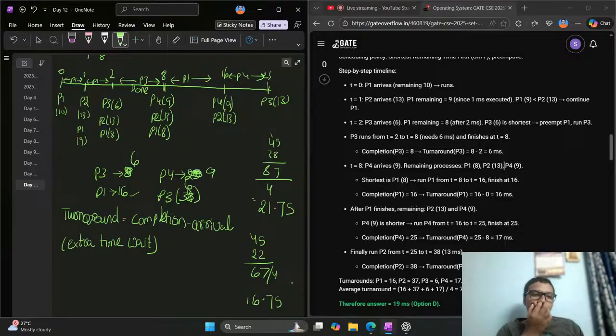Okay. P2 entered at 1 second, so that is 37, okay. And P4, that is 9. P3 is 6, okay. Turnaround is 16, okay.